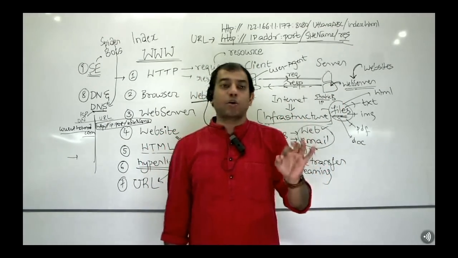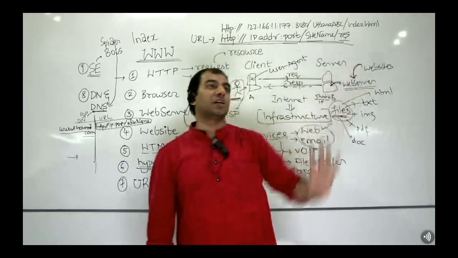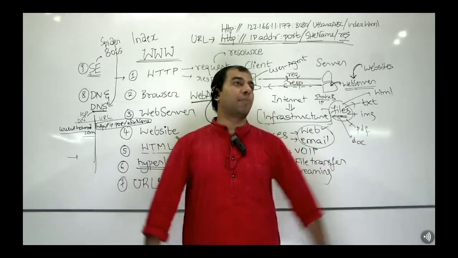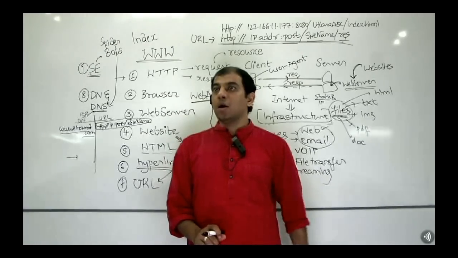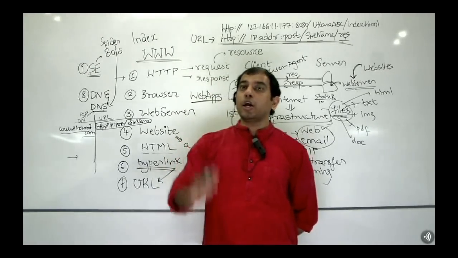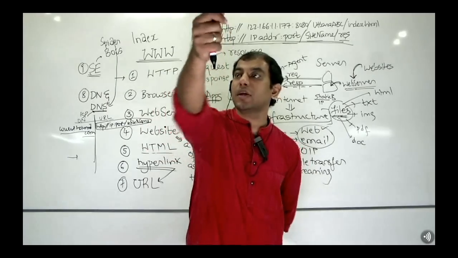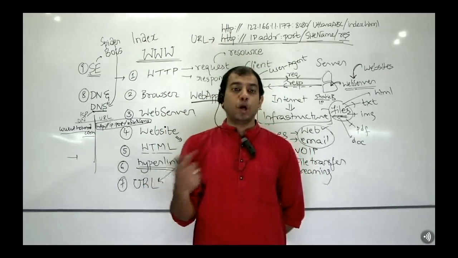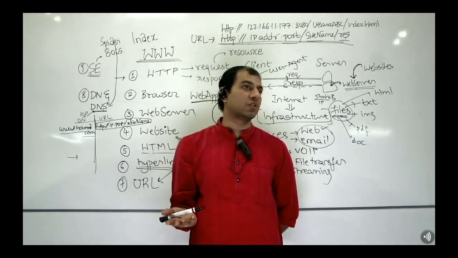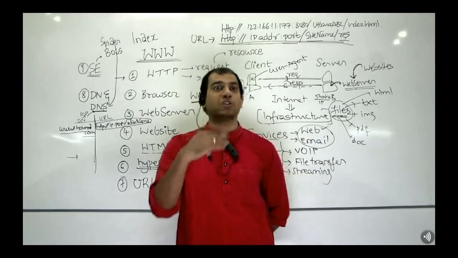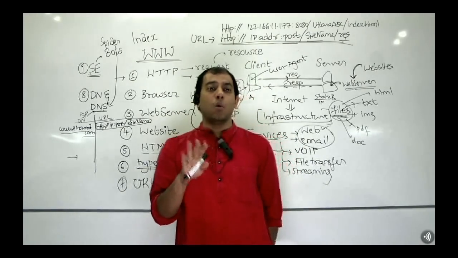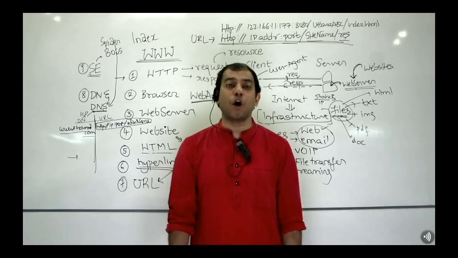So I can go to a Kaka shop and say, 10 rupees, give me a Cadbury's Dairy Milk chocolate. And what will this Kaka fellow do? He will search amongst all of his items, and if he finds a match, he will give me a response. So I am making a request and I am getting a response, and in that response I am getting the resource that I wanted. However, what kind of resources can you make a request for?